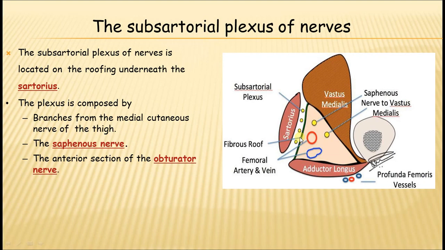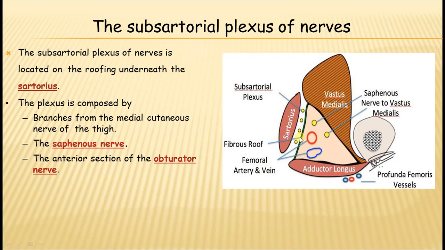The cutaneous innervation to the medial side of the thigh is by the saphenous nerve. It will pierce the roof of the fascia, then pass to the medial side of the knee, the medial side of the leg, and the medial border of the foot up to the ball of the great toe.